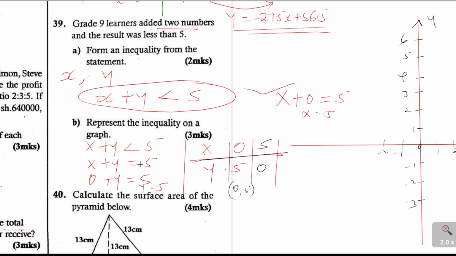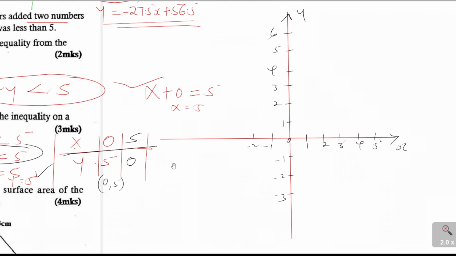So when you substitute in this equation, x plus y is equal to 5, when x is 0, you get y to be 5. Then when you substitute y to be 0, x will be 5. The points you're supposed to plot are these. 0, 5 is here, there is a point.